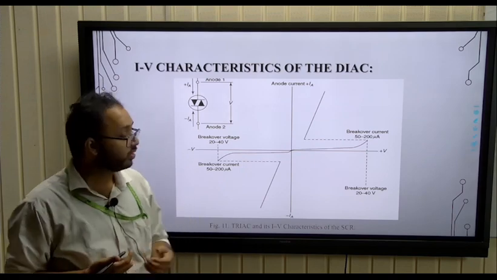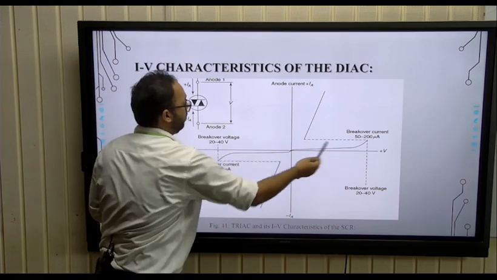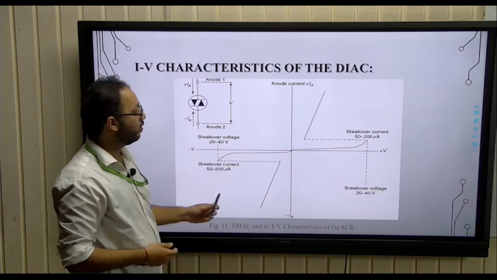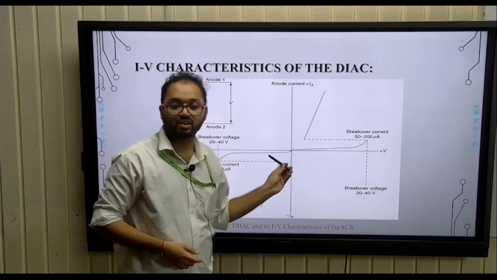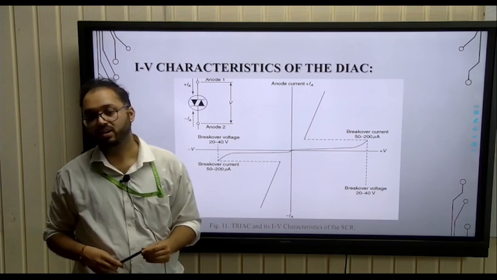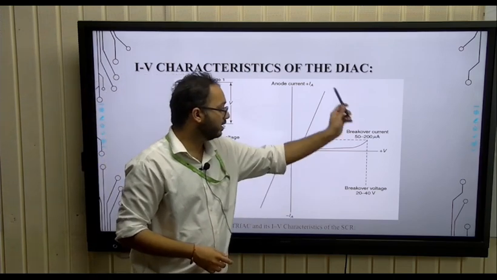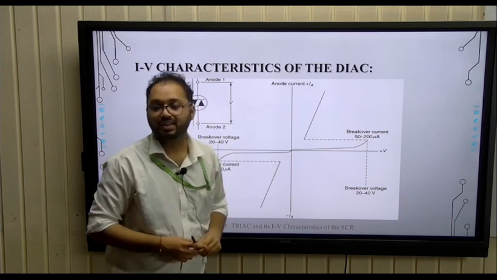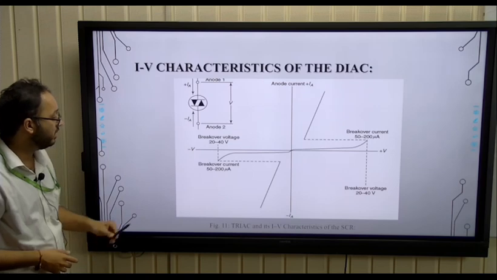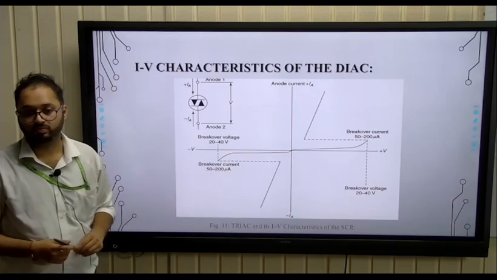We are using it to have this level of blocking. If you apply forward voltage, it does not just start conducting. You need to apply a particular amount of voltage to break over the forward bias, and then it will start conducting, as it was doing in the SCR. And in that manner, from the forward it comes into the reverse also.